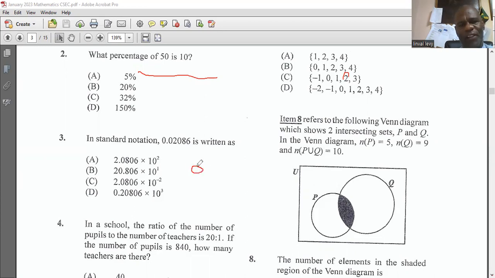Oh, it's disappearing. Hold on. Let's see. Okay, let me see. This works. So we have appearing.